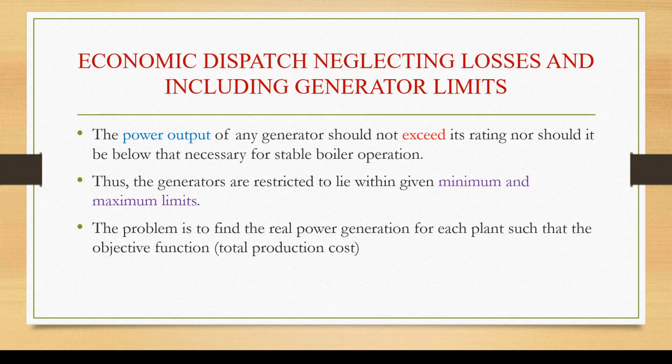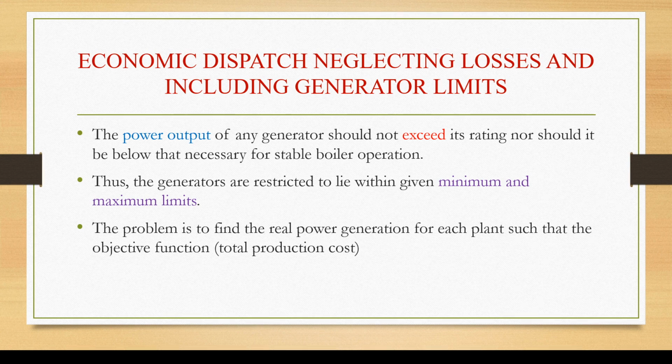Next we are going to see the economic dispatch neglecting losses but including the generator limits. The power output of any generator should not exceed its rating, and it should not be below the necessary limit for stable boiler operation.